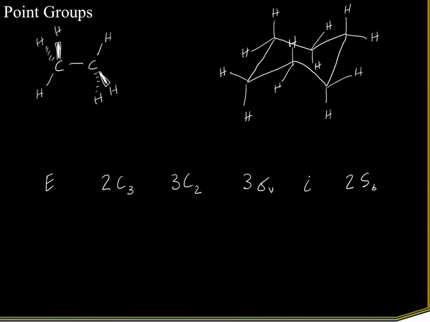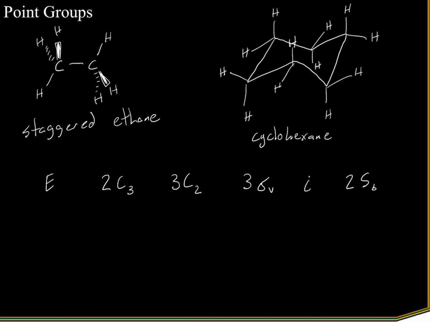So we know that we have the vocabulary, at least, to go through and find each one of these operations. And I'm going to challenge you between now and our next class to look at these structures, a chair of cyclohexane and our staggered conformation of ethane, and try to find each one of these symmetry operations, right?